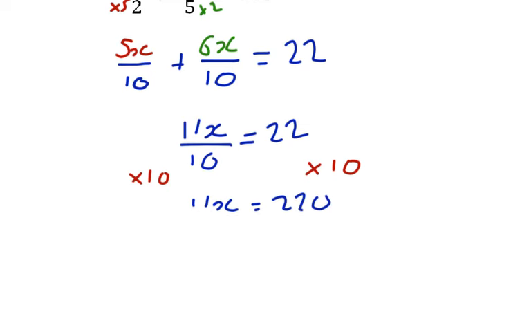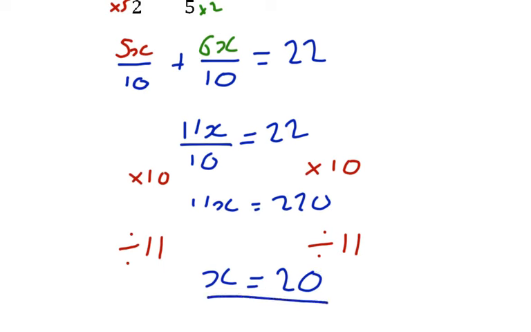And finally we can divide by 11 on both sides, which gives us x equals 20. That's our final answer. So all we did was add together the two fractions and then solve with the single fraction by multiplying by the denominator.